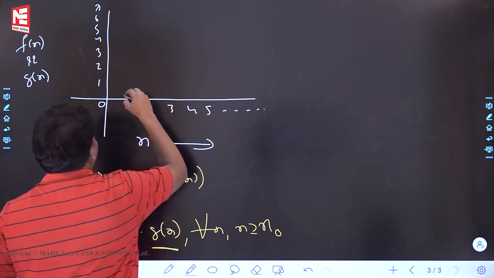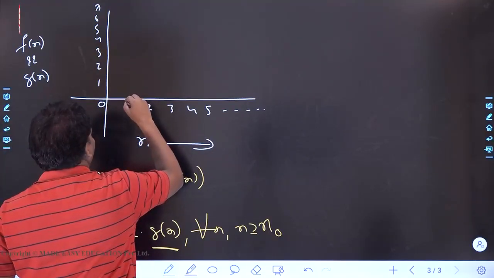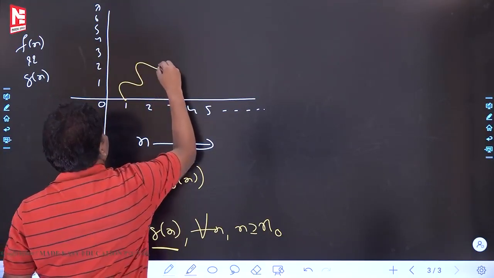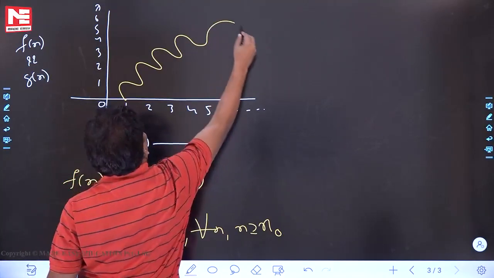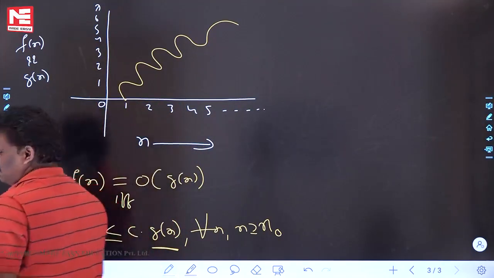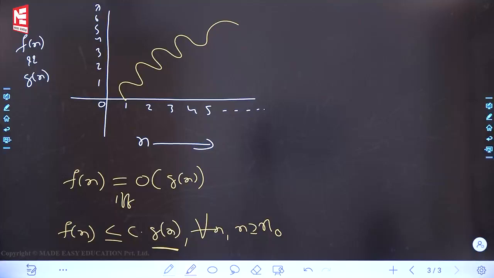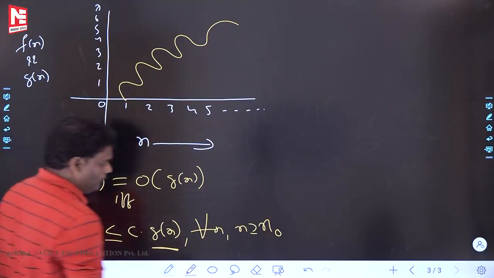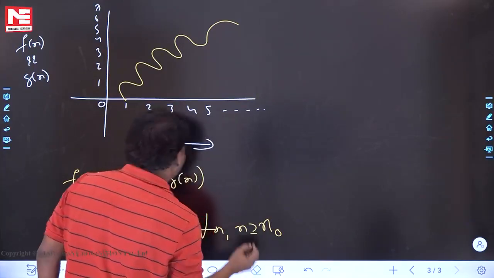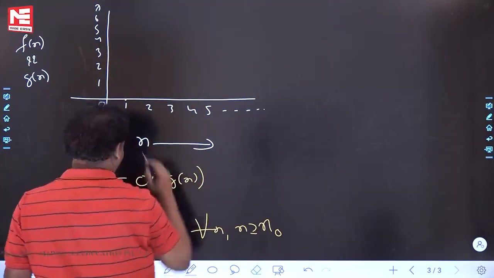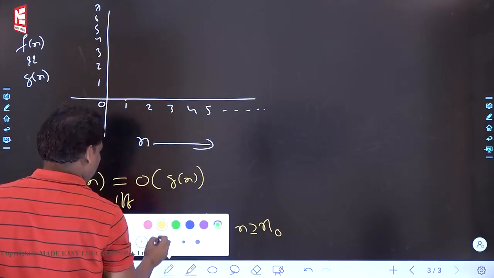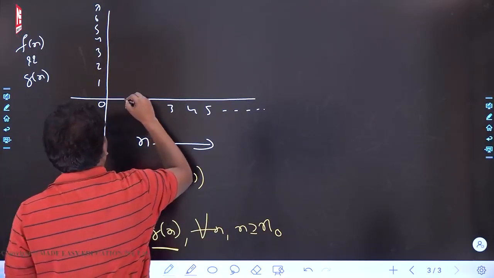From here onwards, if you observe, f of n is going like this.